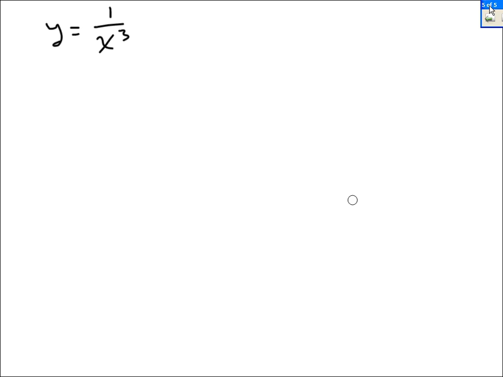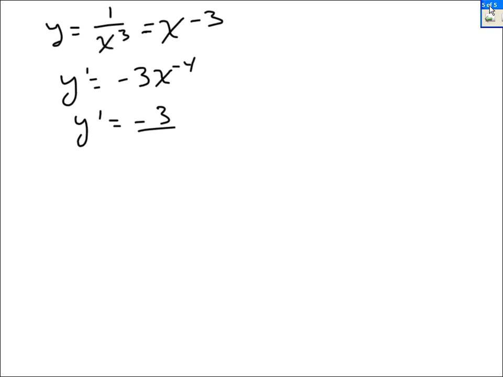Calc 1. How do you graph 1 over x cubed? Now I had to graph 1 over x, and 1 over x squared. Oh, my goodness, this is 1 over x cubed. Well, the first thing you do is realize this can be written as x to the negative 3. Then you take the derivative. It's negative 3x to the negative 4, which is negative 3 over x to the 4th, which is undefined at x equals 0.